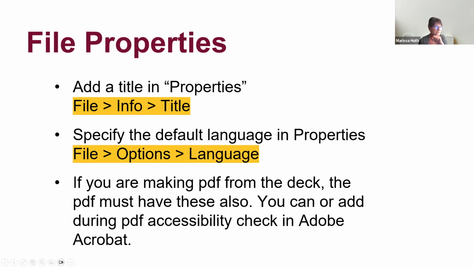So probably the easiest way to do that, if you're going to make a PDF, is to go through the Acrobat PDF accessibility checker, and it will prompt you to enter in a title and the default language. And that just seemed the fastest way to accomplish that for me.